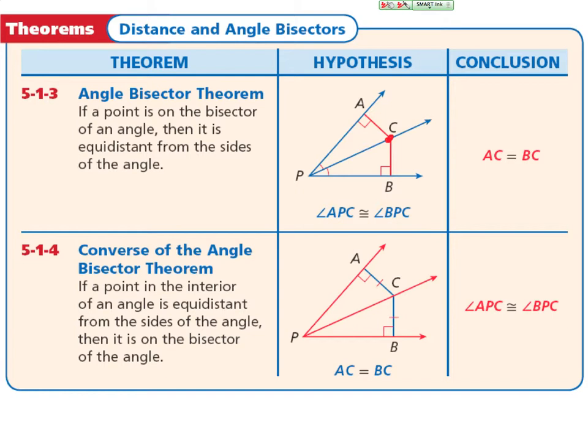The converse: if you know those lengths are the same, then you'll be able to justify that that ray is an angle bisector.